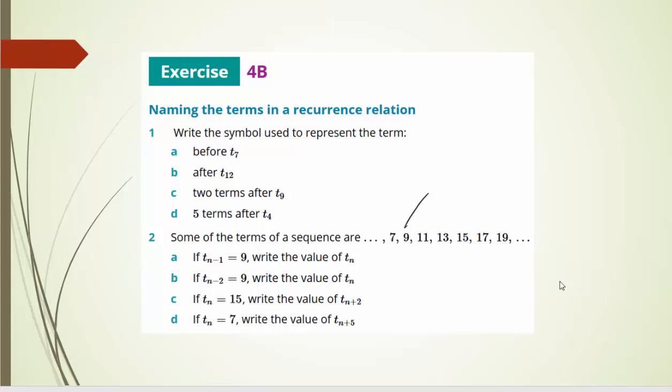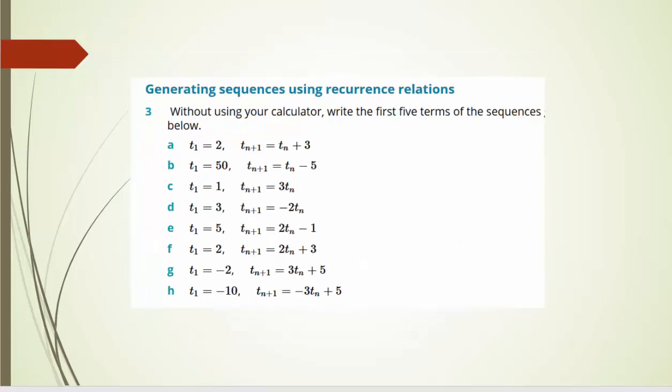Okay, I'll do number C. If Tn is 15, write the value of Tn plus 2. Well, Tn is 15 there, so T of n plus 2 is 2 more terms after that, which is 19, and so on. Go back and finish all of this exercise when you finish my video.